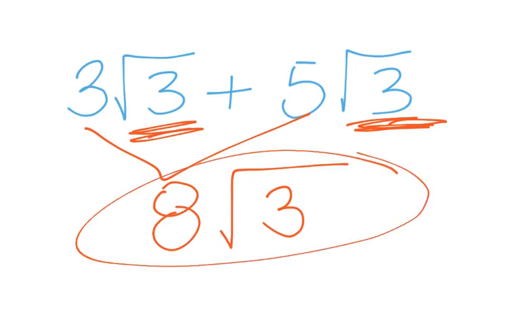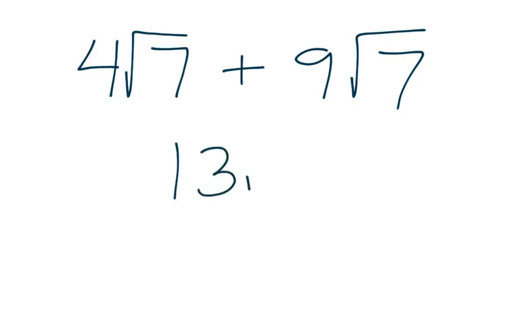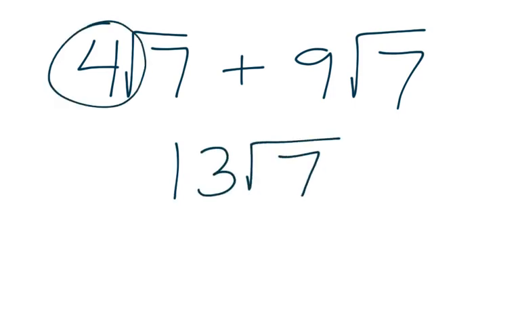Okay, let's do another one. What if I had 4 root 7 plus 9 root 7? That would give me 13 root 7. I'm adding the coefficients, but the radicals stay the same.